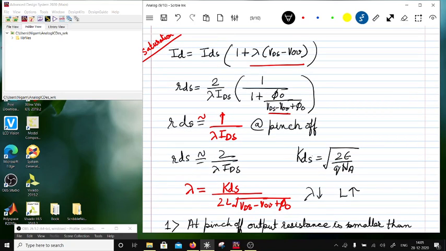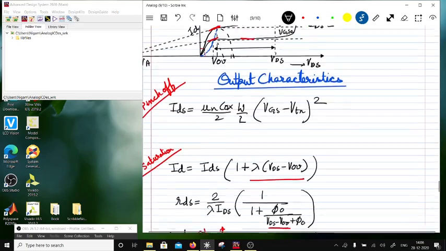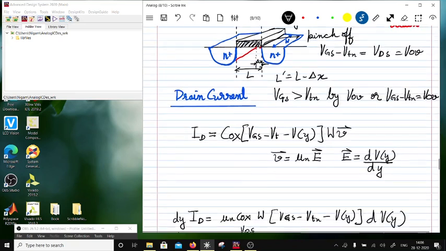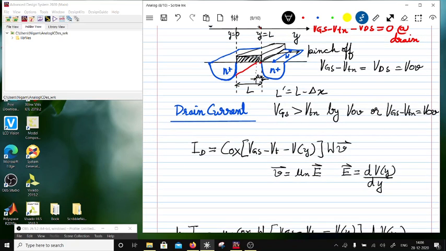So if Na is large, KDS is small, lambda is small, RDS is large, which means that if you heavily dope the channel, then delta X is going to be smaller because the heavier doped portion has a smaller depletion region, right?